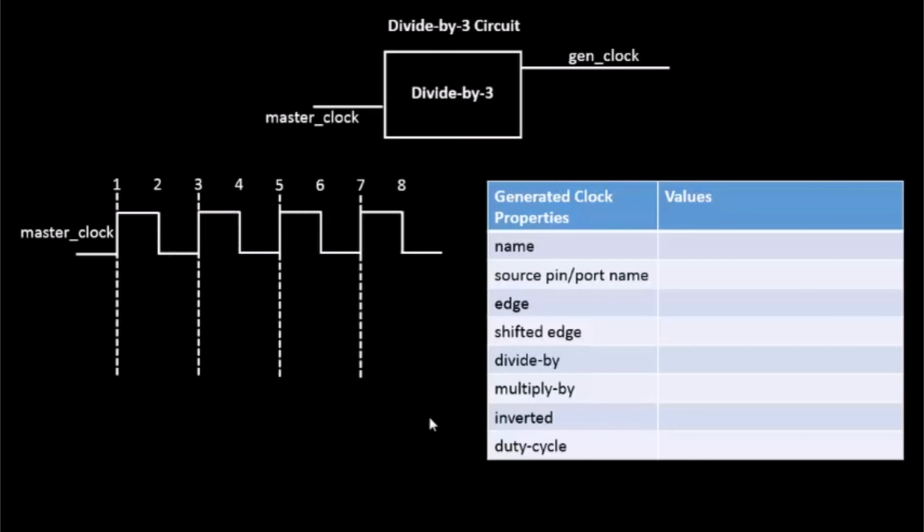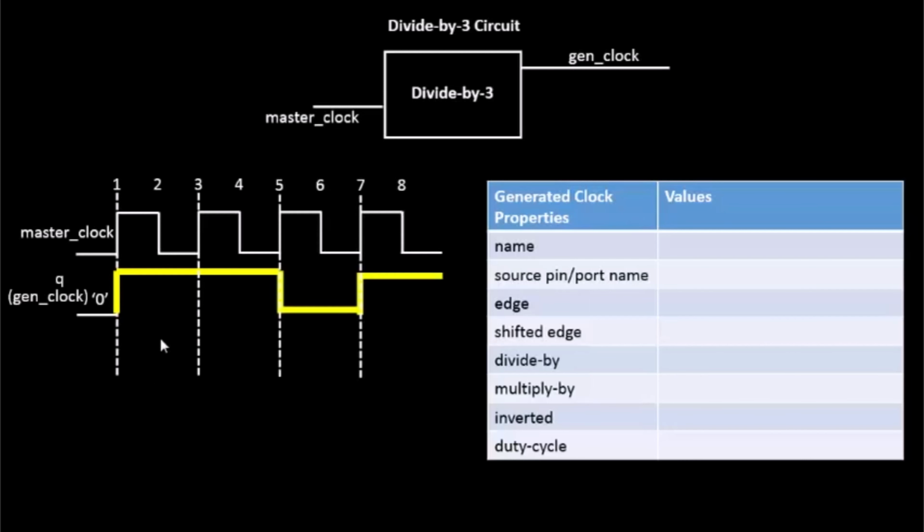If we say divided by 3, it means that 3 clock cycles represent 1 clock cycle at the output. So this is 1 clock cycle, this is 2, this is 3. So 3 clock cycles at the input determine one clock cycle at the output. Basically the output clock period is a multiple of the master clock by 3, something like this.